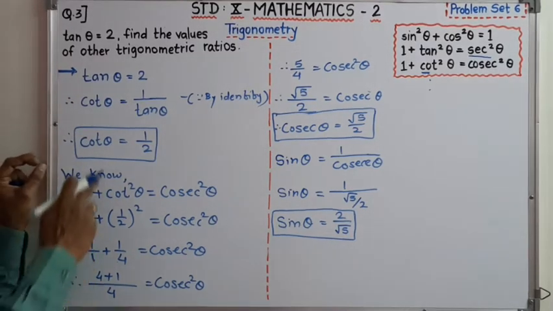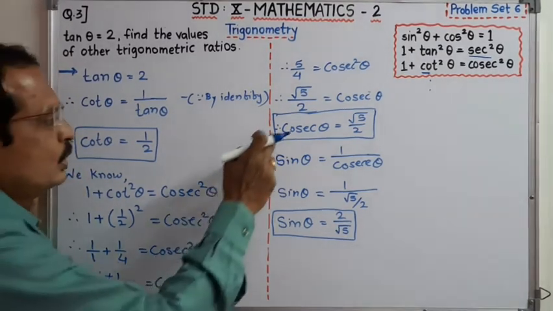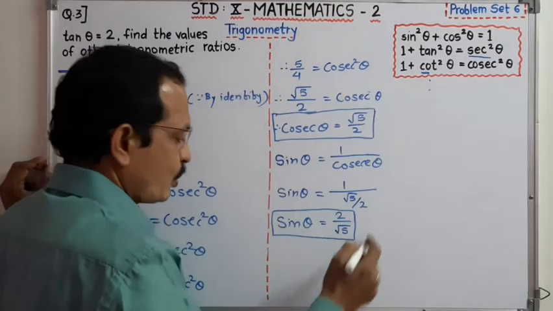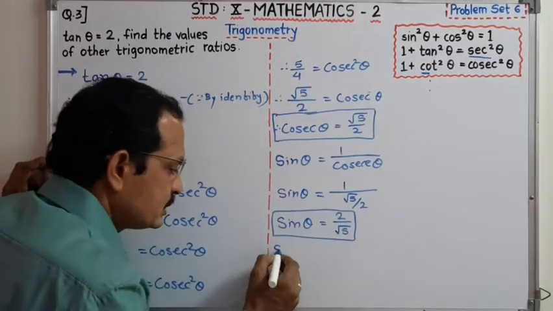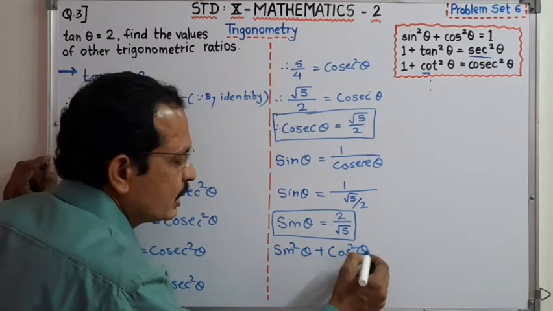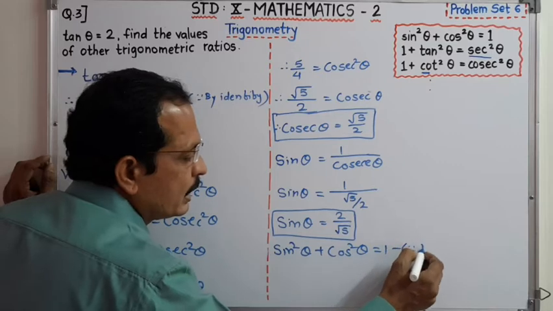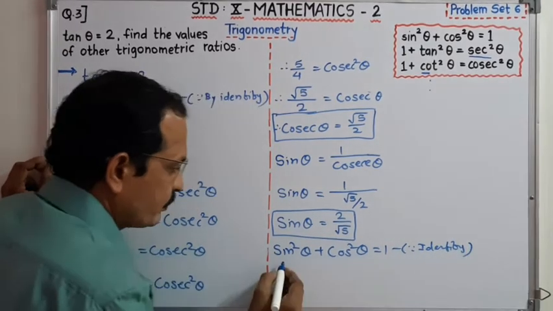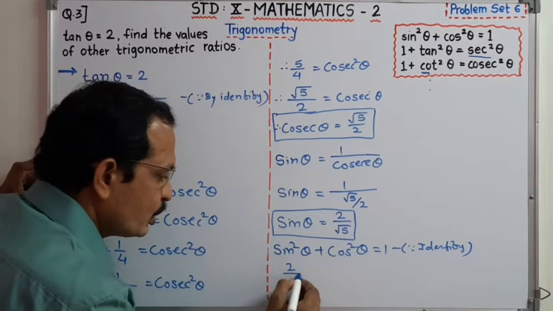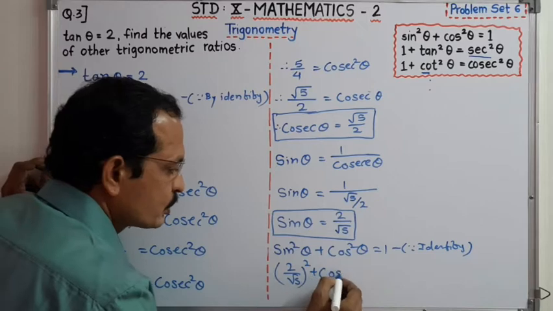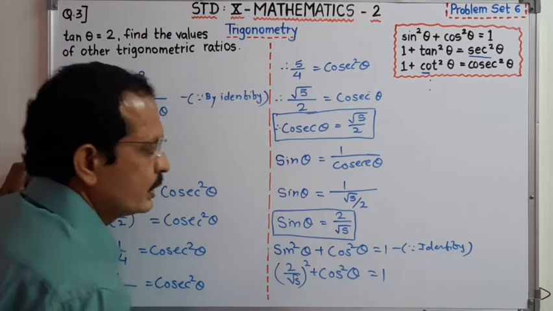Now, dear students, see, we got cot, cosec, then sin. Now we have to find out cos. Similarly, the identity sin square theta plus cos square theta is equal to 1. Therefore, (2 upon root 5) whole square plus cos square theta is equal to 1.